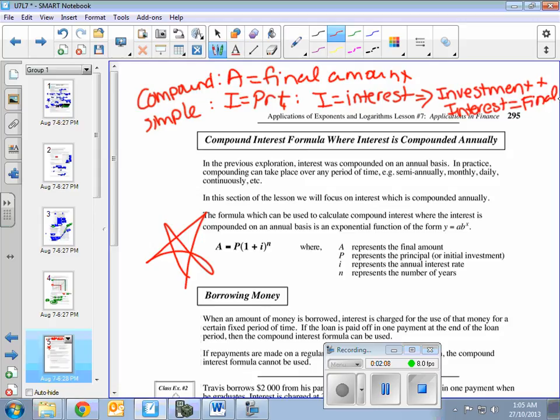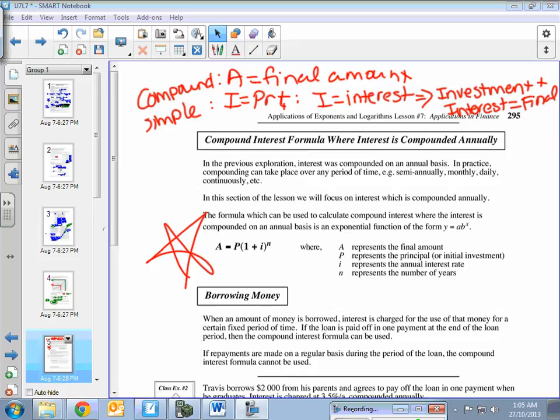Okay? So if you're switching between the two, just remember that your compound interest will give you your final amount. Your simple interest will only give you your interest earned, so you have to add that to your initial amount. So you just have to take that extra little step.